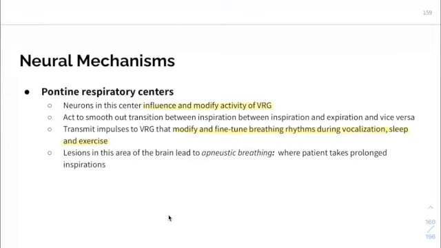If something were to happen to that pontine respiratory center, we would get something called apneustic breathing. That person takes prolonged inspirations, so they're taking long breaths in and a normal breath out.